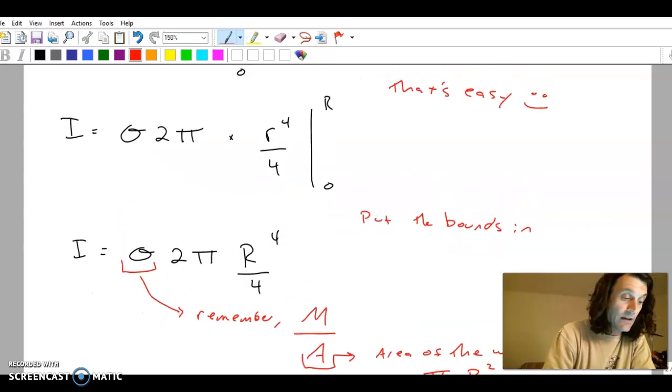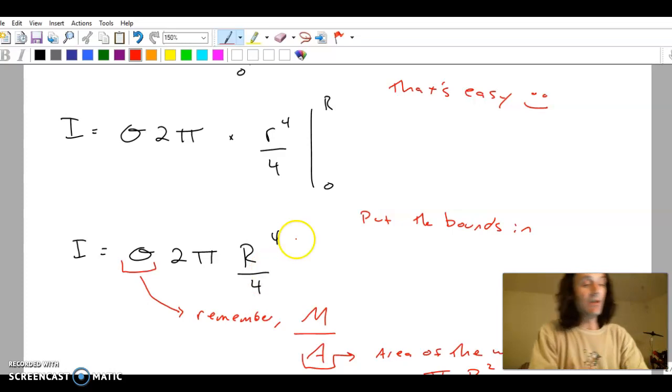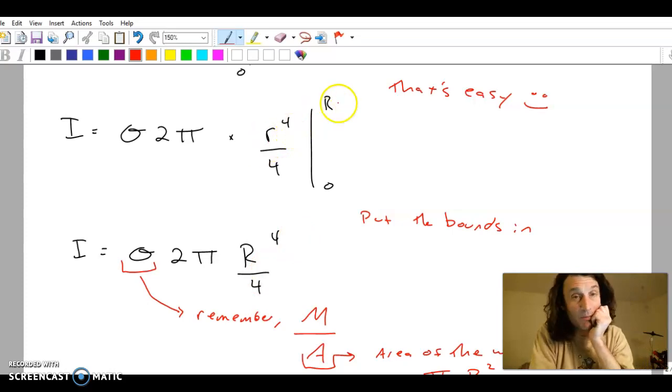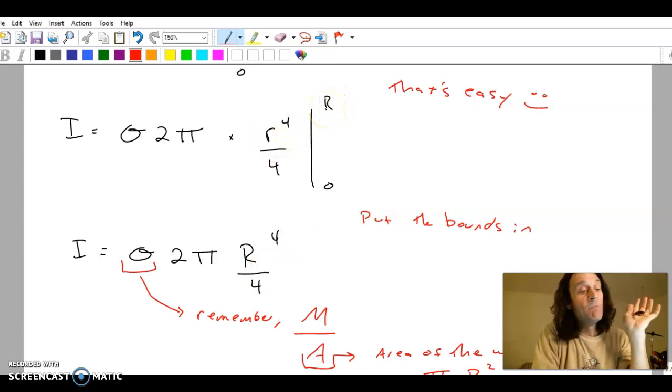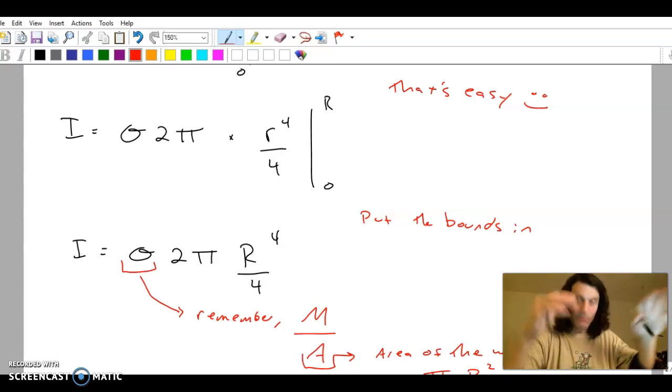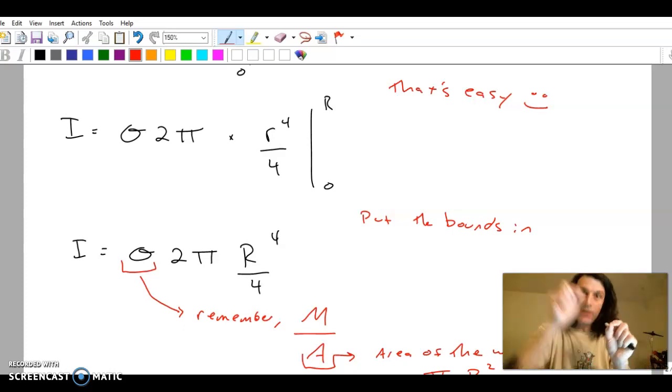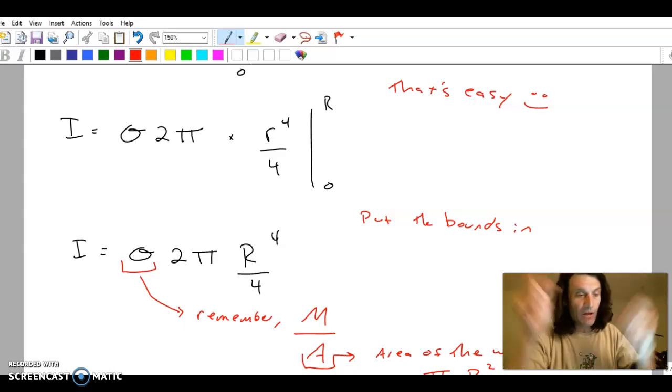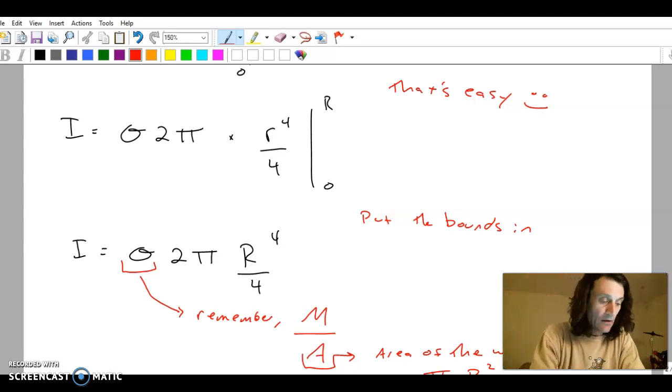And I forgot to tell you here, when you put those bounds in, that's when the little r becomes a big R. The radius of any one of those individual circles is the little r. And as you put your bounds in, you're going to go from a little r of 0 to a little r of big R.